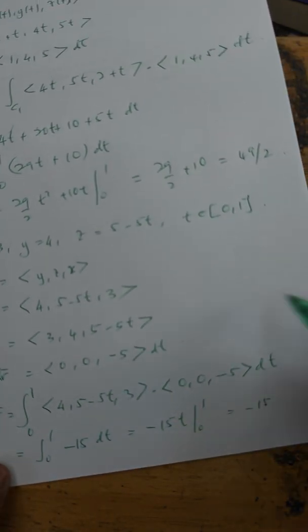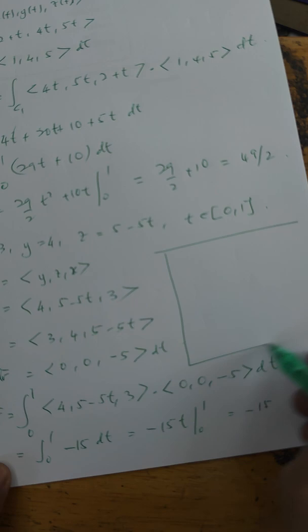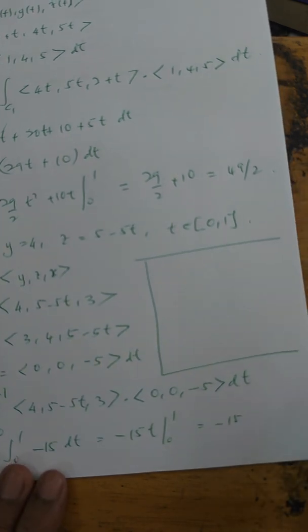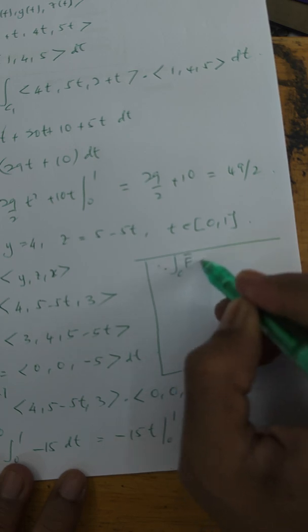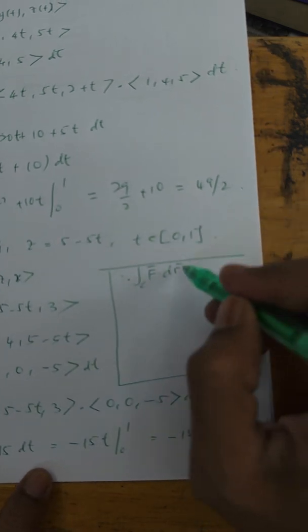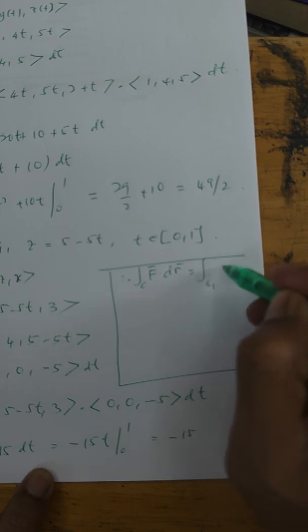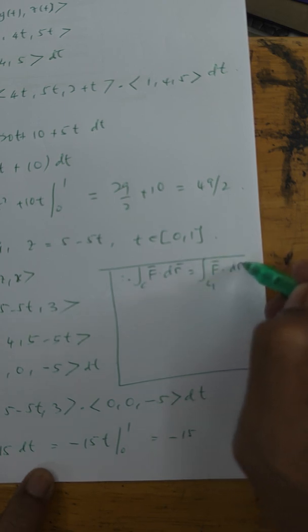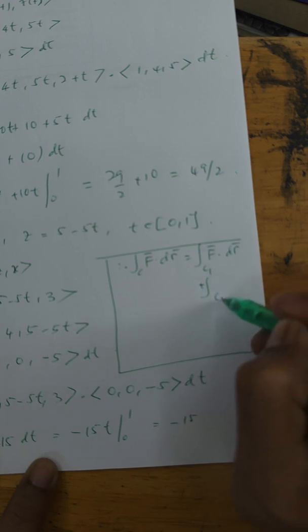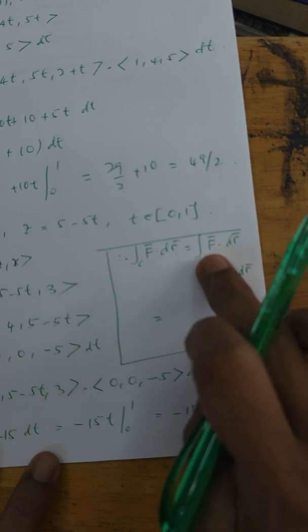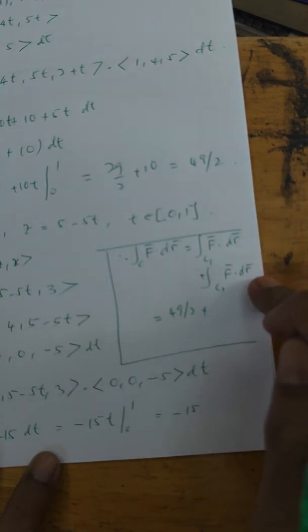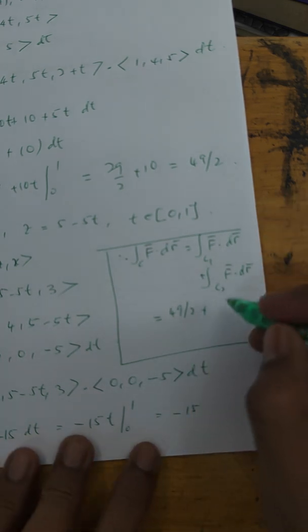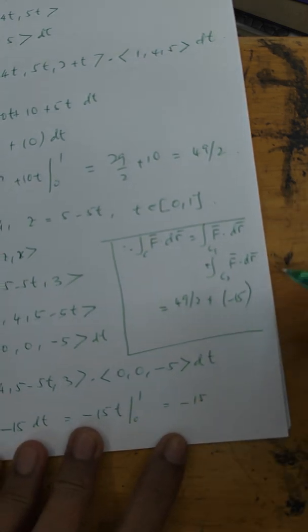And then I write it here because I just need a very small space. Therefore, to integrate over C of F dot dr, we evaluate the integral over C1 of F dot dr plus the integral over C2 of F dot dr. That gives you C1 is 49 over 2 plus C2, we got minus 15.